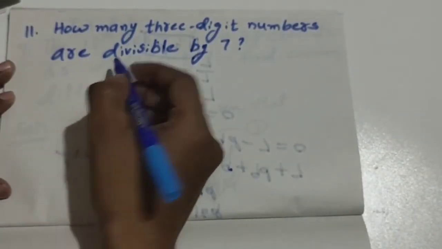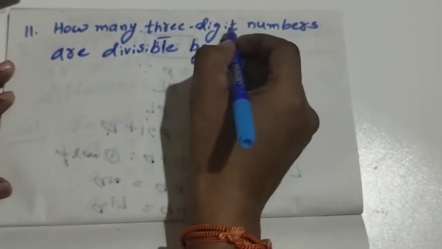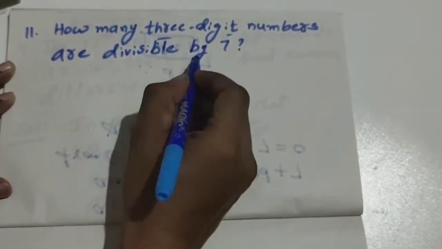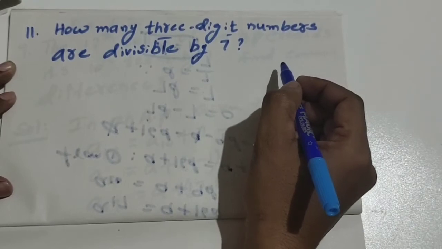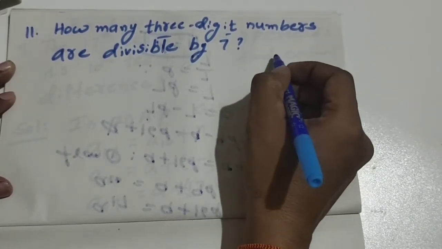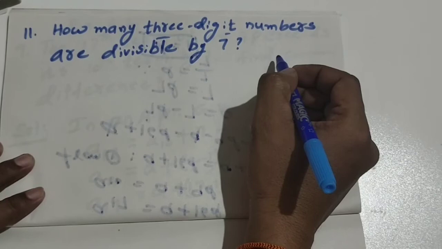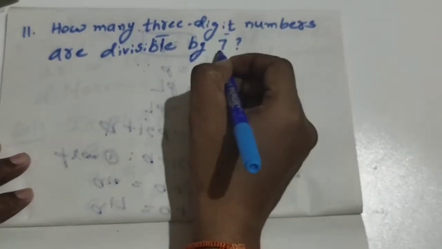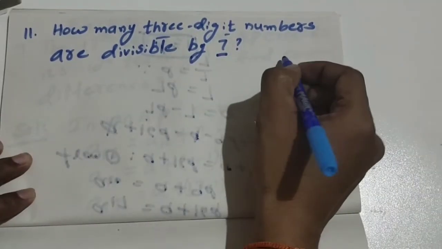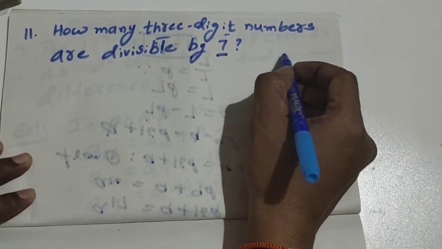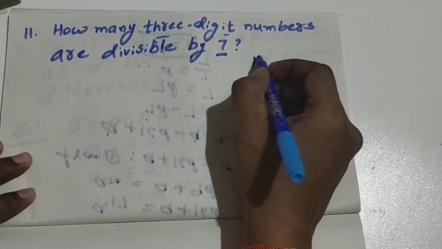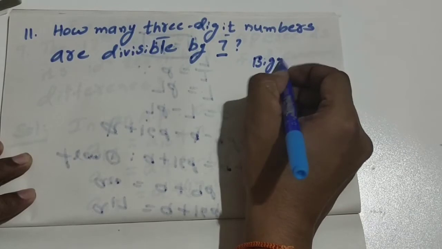Now simply here we have to get 3-digit numbers which are divisible by 7. So for that, first of all we have to write the first 3-digit number divisible by 7. For that we need first of all the biggest number in 2-digit. What is it?